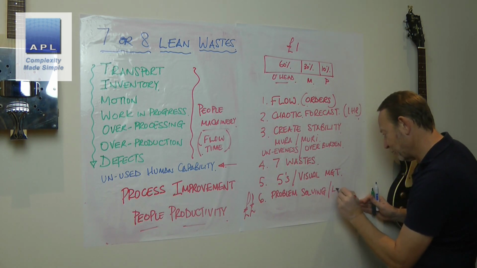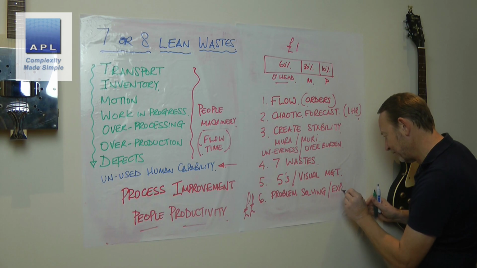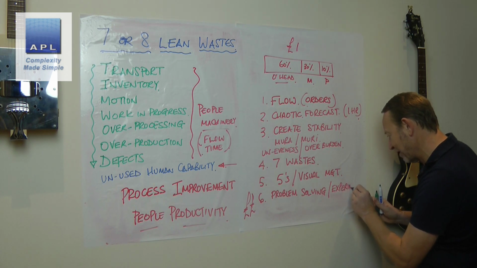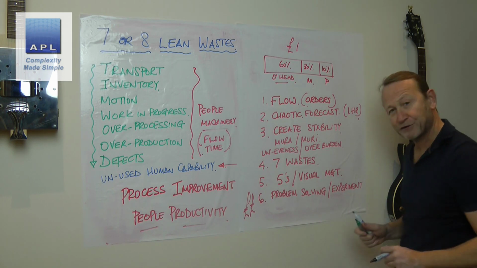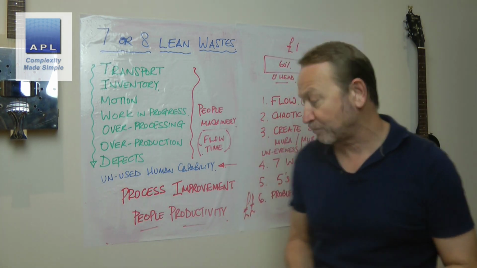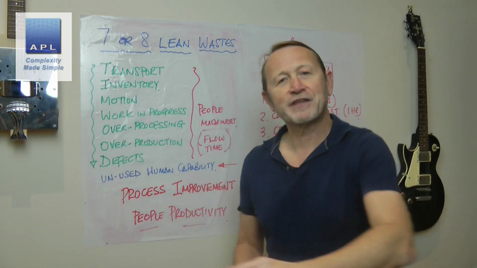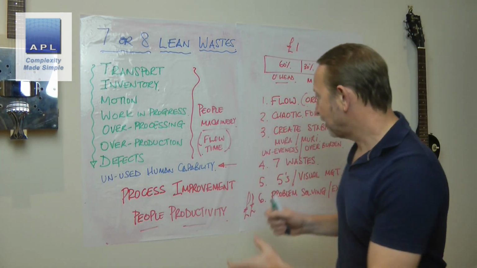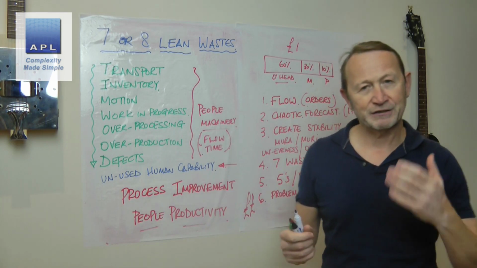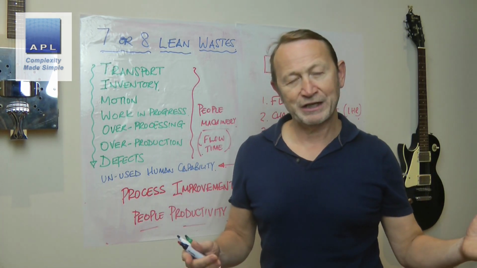And really important, giving people permission to experiment, to try new ways of working, to trial things, to do a pilot to prove, so that they can move the lean waste on. Getting rid of the 7 wastes initially, as I say, you'll take lumps out really quickly.